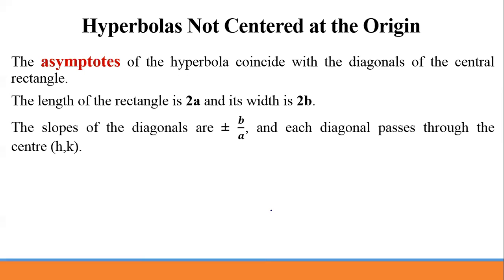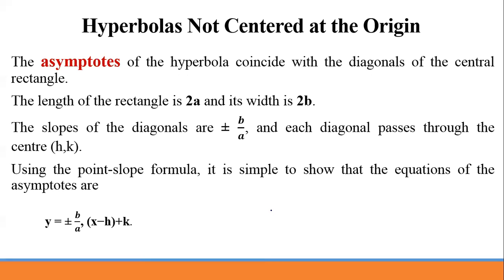The slopes of the diagonals are plus or minus b over a, and each diagonal passes through the center (h, k). Using the point-slope formula, it is simple to show that the equations of the asymptotes are y equals plus or minus b over a times (x minus h), plus k.